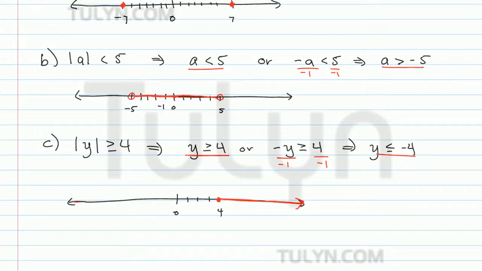And similarly, y is less than or equal to negative 4. So we go 4 out on the left, and y can be equal to negative 4, and it's also equal to numbers less than negative 4. So negative 5, negative 6, all the way out to negative infinity. So this is the interval of the possible values that y can take on the real number line, and that was C.